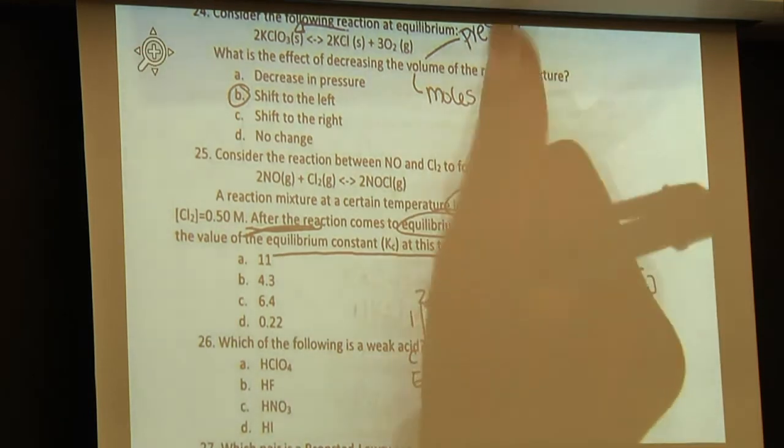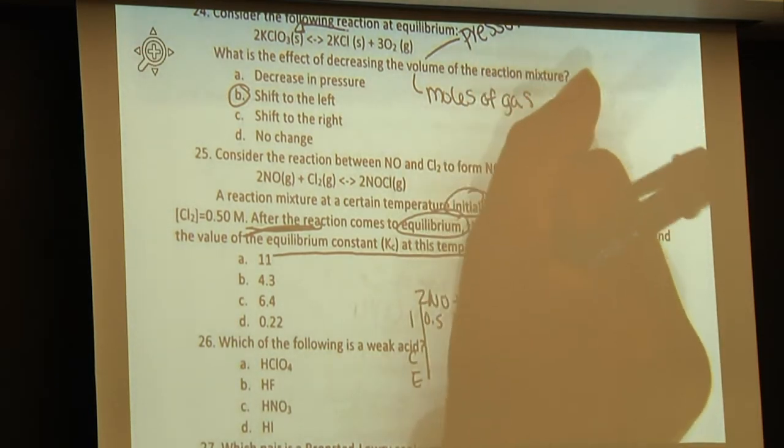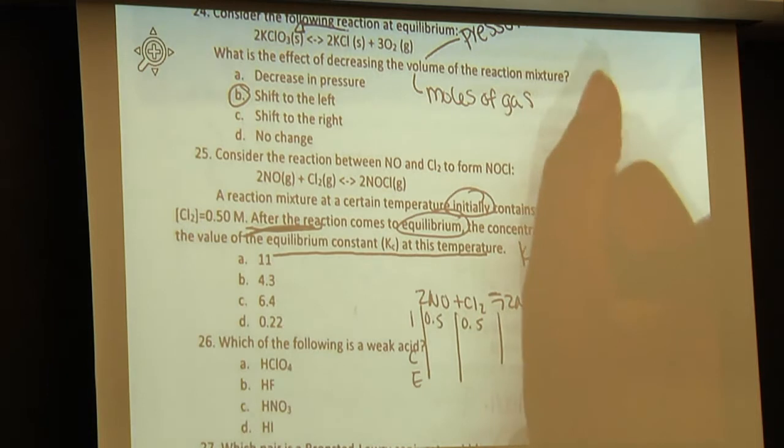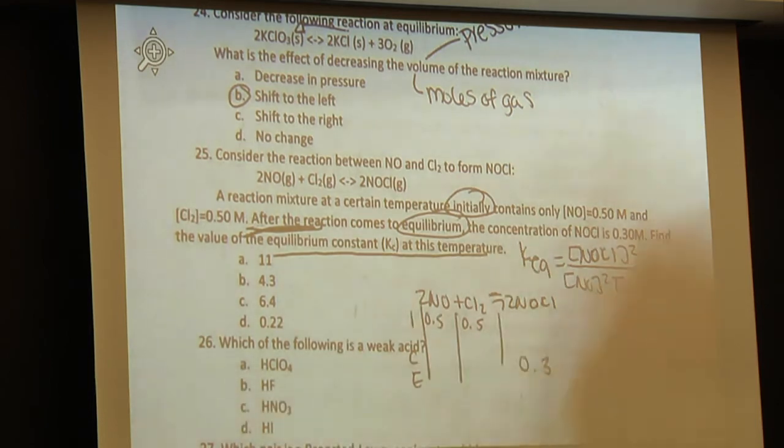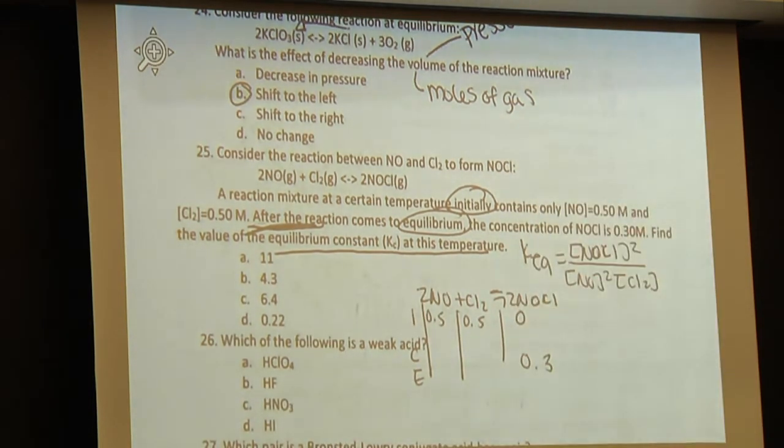We had 0.5 initially for these two, and then we had 0.3 at equilibrium for NOCl. Since we do have an equilibrium value for one of them, we are not going to use X. Oh, and there was 0 initially for NOCl.